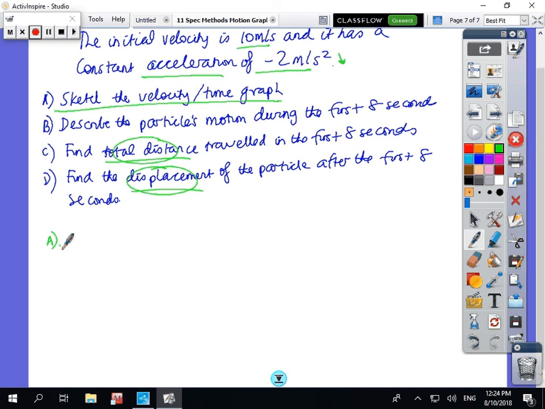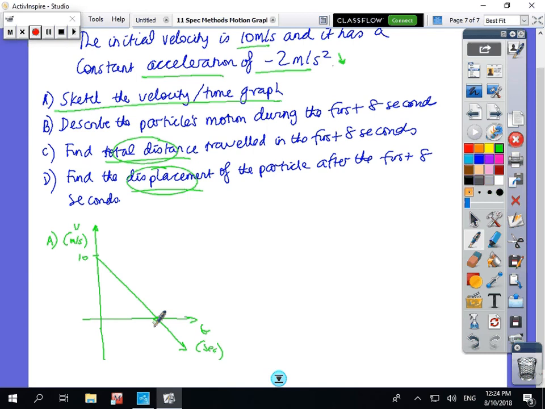Okay, you're back. Okay. V meters per second. Seconds. So it starts at 10. Okay, and it's going to decrease at a constant rate. Now, it doesn't say how long to go for, so we just need to find this value here.